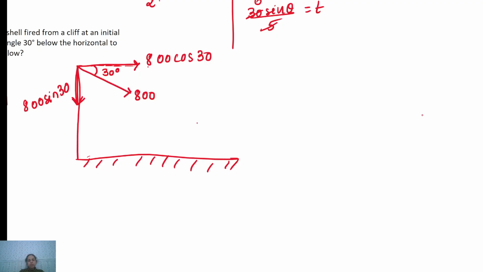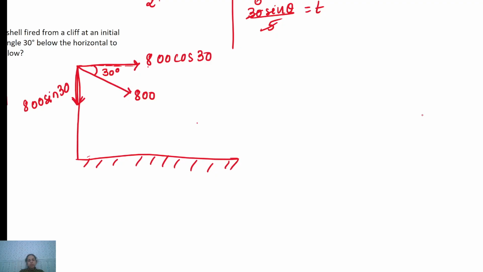So using y equals ut plus half at squared. Y is 150. u is 400 times time, which I don't know, plus half 10t squared. Okay, so I'm going to divide the entire equation by 10.